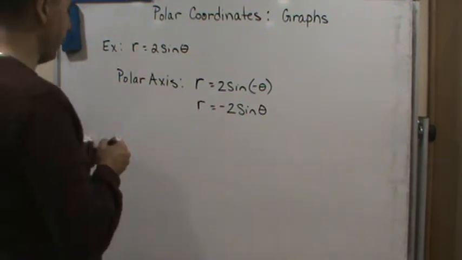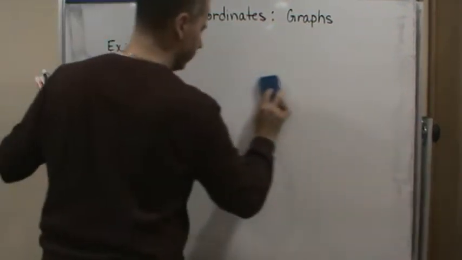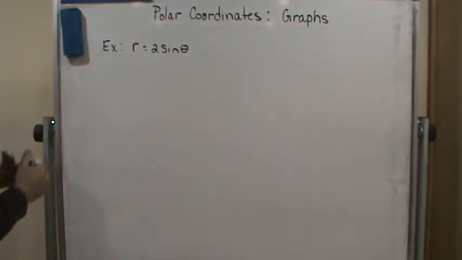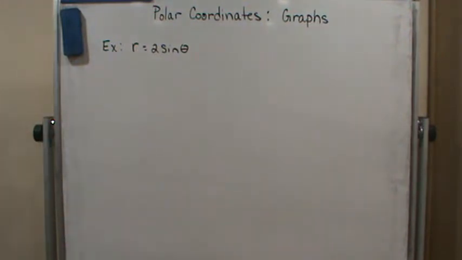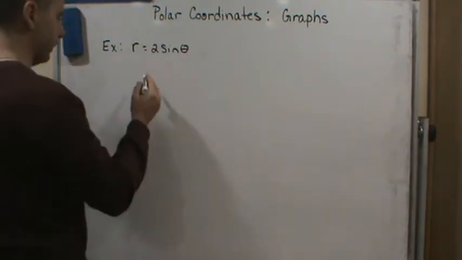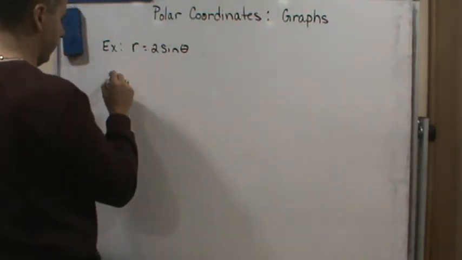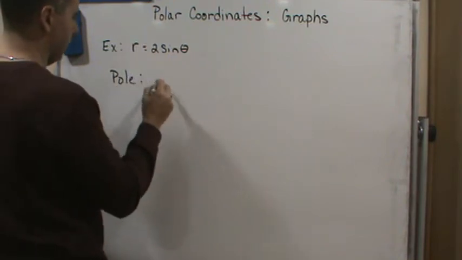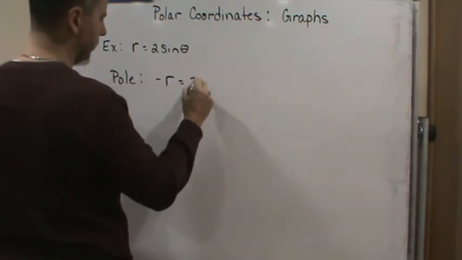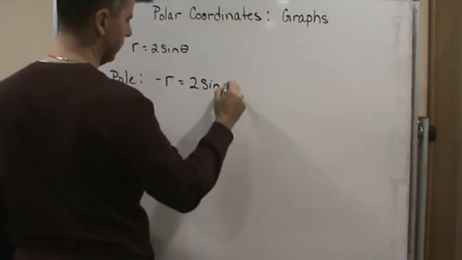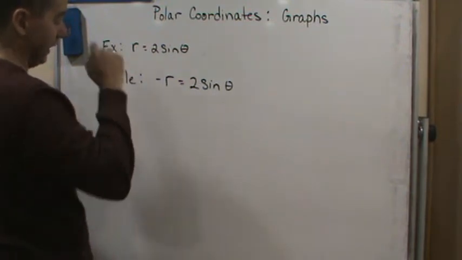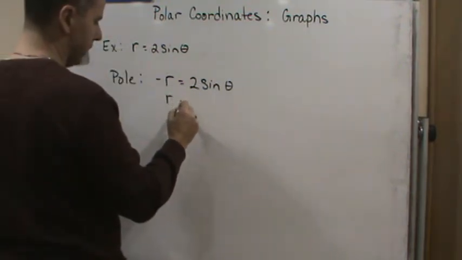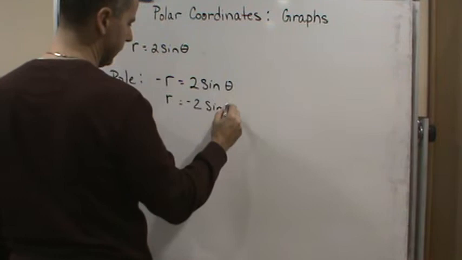Okay, so now what about the next one? What about the pole? Well, let's test that one. With the pole, we're going to replace r with the opposite of r. As you can probably guess, it's going to fail. So we're going to get negative r equals 2 sine theta. And again, we multiply both sides by negative 1, and we get r equals negative 2 sine theta.